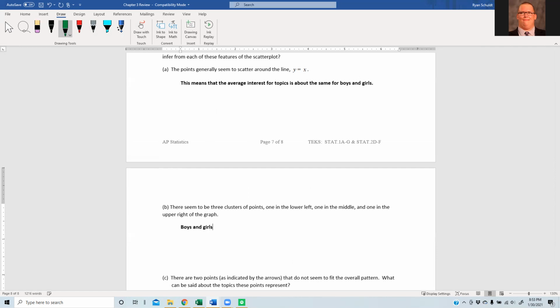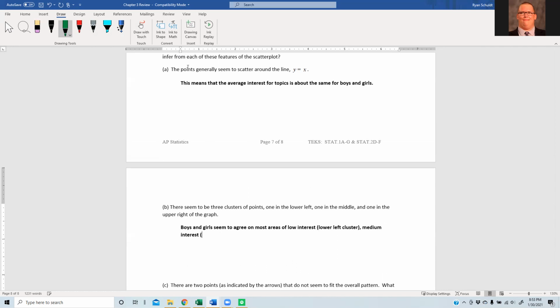Boys and girls seem to agree on most areas of low interest, which is our lower left cluster, medium interest, which is the middle cluster, and high interest, which is the upper right cluster.